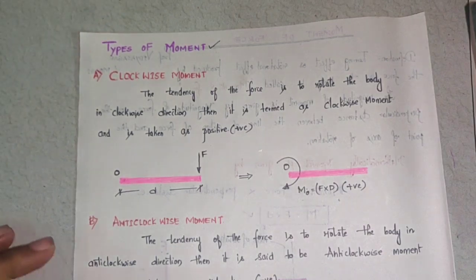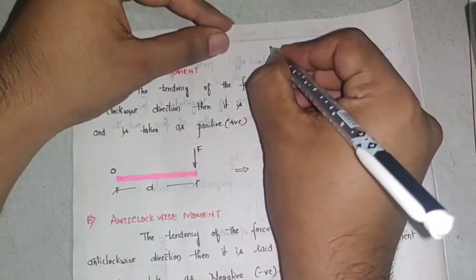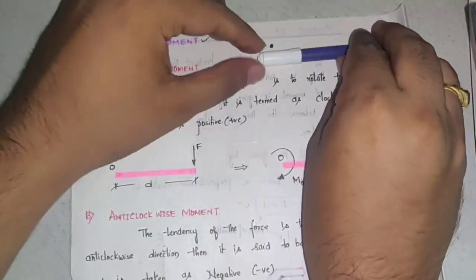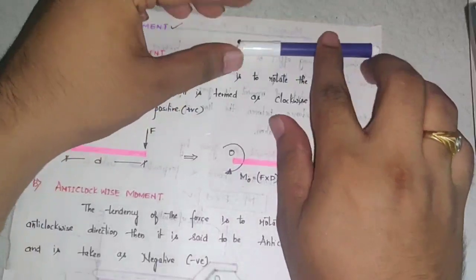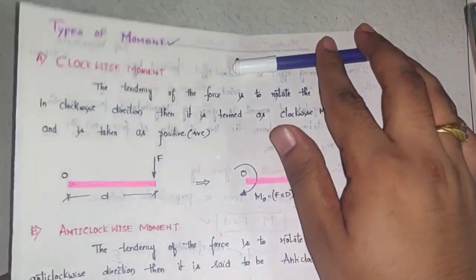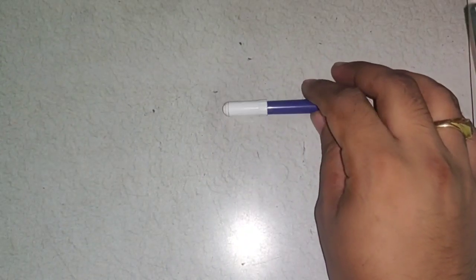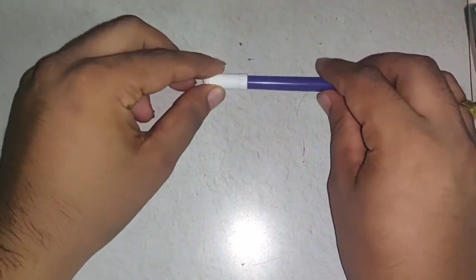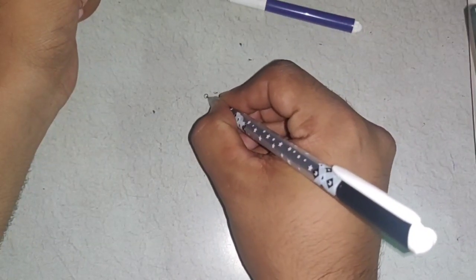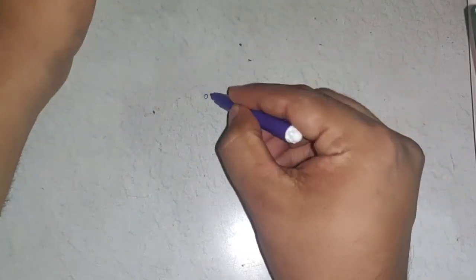For example, about this point, if I place this pen like this, I'll show you very clearly now. About this point, I marked one point here.